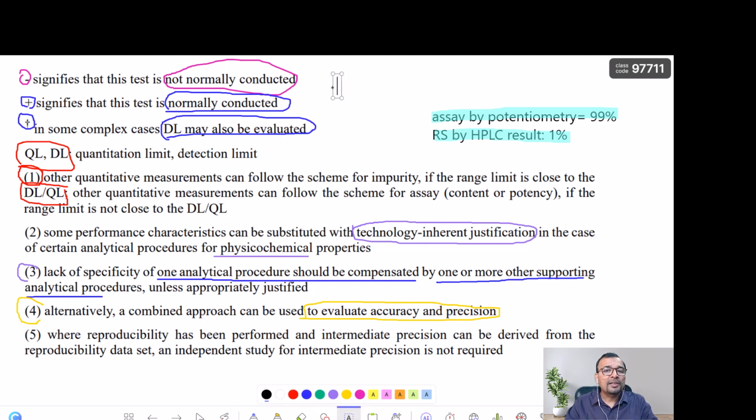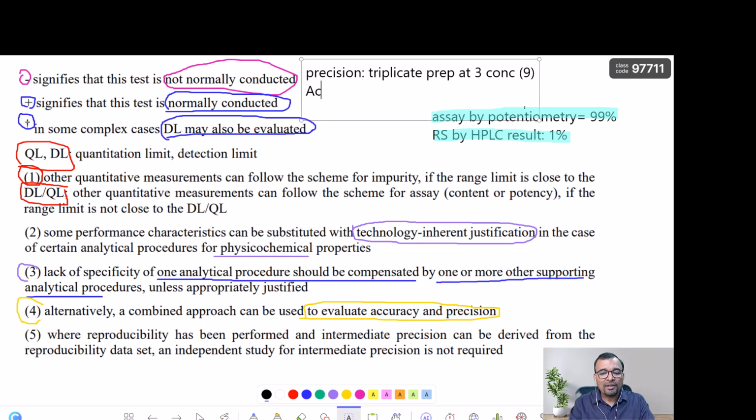If you look into the requirement of precision, it talks about proving it at 3 different concentrations, triplicate preparations. This is one approach given in the ICH guideline, that precision can be proved at 3 different concentrations in triplicate. So at the end you will have 9 determinations.